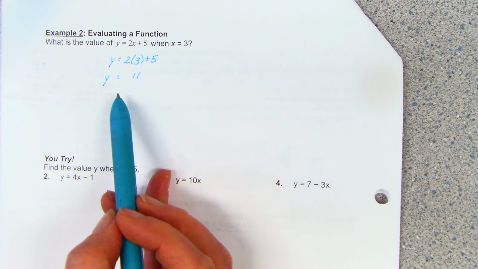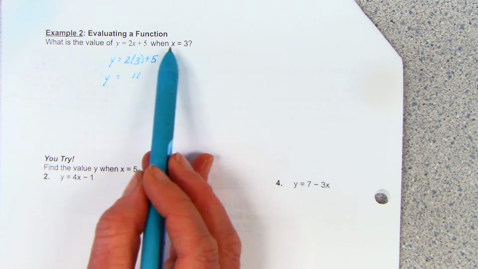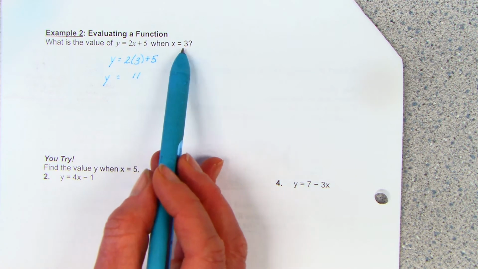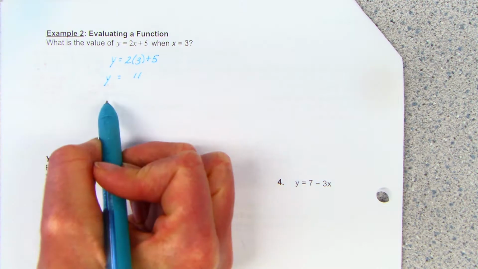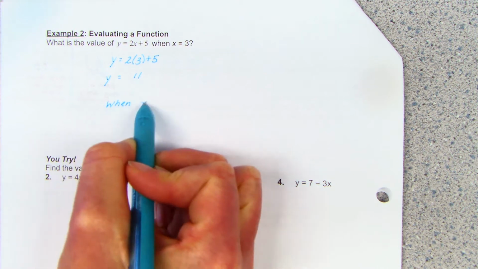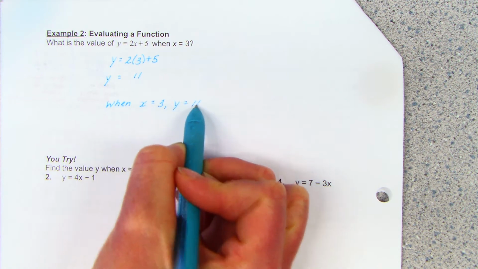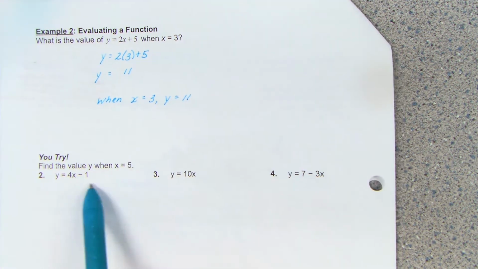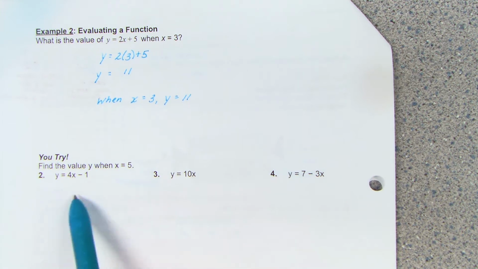So we're looking at what is the value of that function at x equals 3. When x is equal to 3, y is equal to 11. So when x equals 3, y equals 11. You do not have to write all of that out every time. You just need to put the value for y.